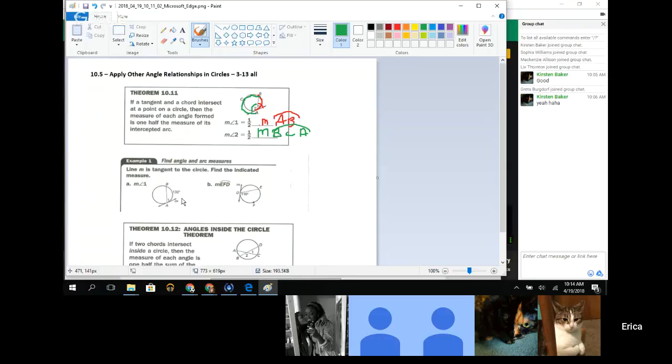If you take half of that, that's going to give you the measure of angle 2. So if a tangent and a chord intersect at a point on a circle, then the measure of each angle formed is 1/2 the measure of its intercepted arc. Make sure you write that down because this one I think is not quite as intuitive. Make sure you get that on your theorem sheet.